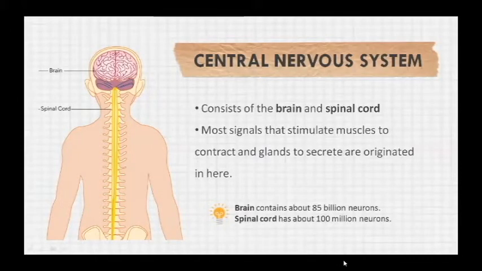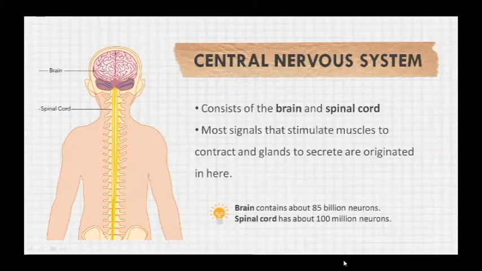So first is the central nervous system. Our central nervous system consists of our brain and our spinal cord. Why is it called the central nervous system? It is because most of the signals that stimulate muscles to contract and glands to secrete originate here.